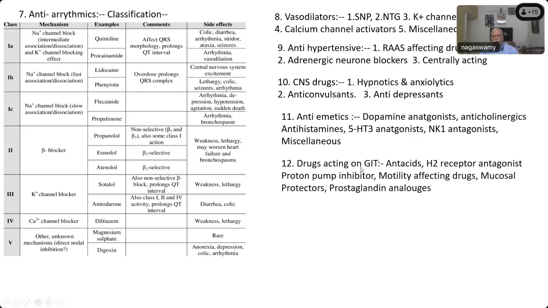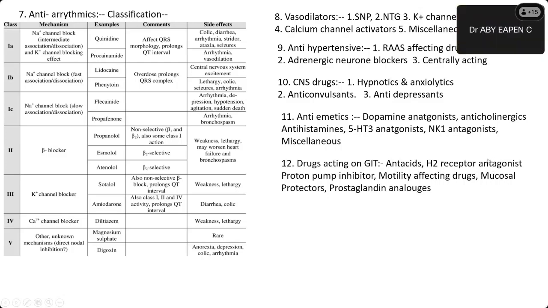And the other drugs acting on the GI tract, antacids. Which antacid do you have to know very well in pregnant patients? 0.3 molar sodium citrate. And H2 receptor antagonists, are they used nowadays? Yes.